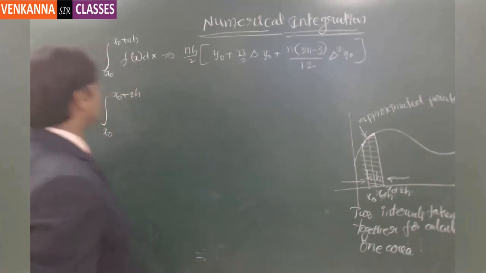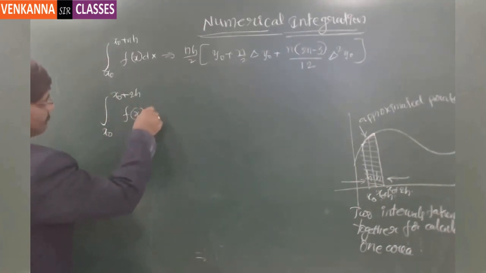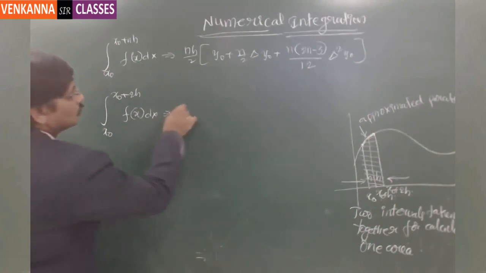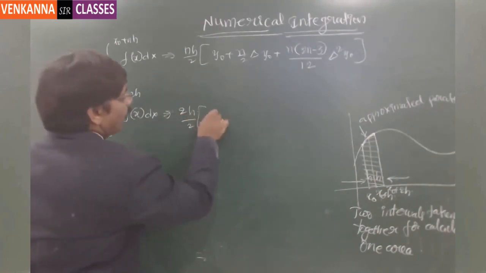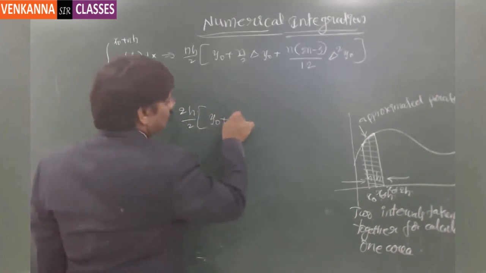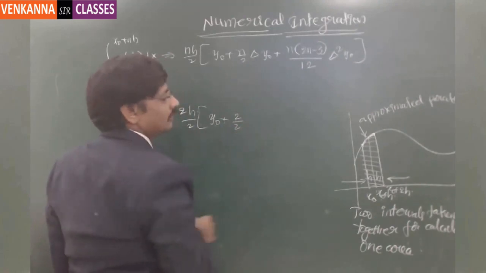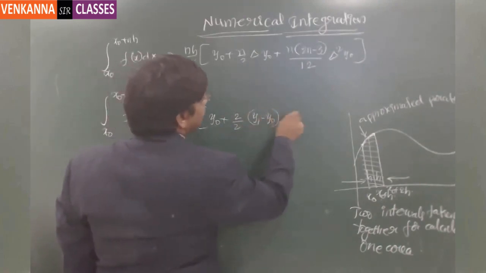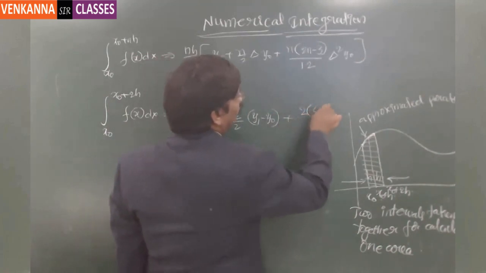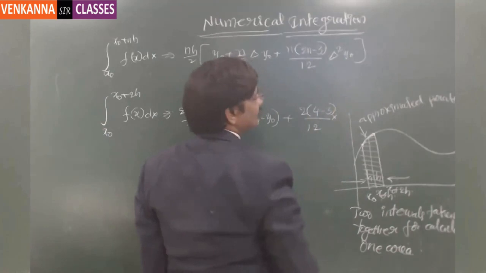So here this value is the integral of f of x dx, with n as 2: h divided by 2 times y naught plus 2 by 2 times delta y naught, where delta y naught is y1 minus y naught, plus 2 into 4 minus 3 divided by 12 into delta square y naught.